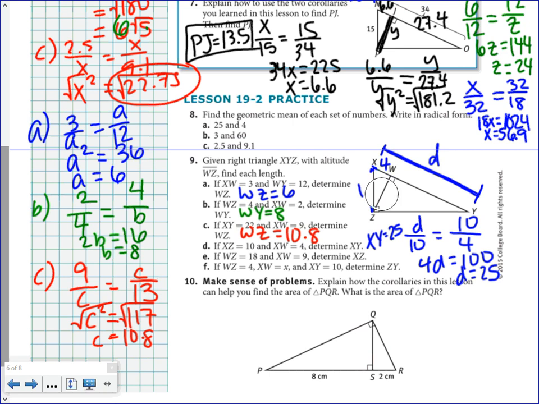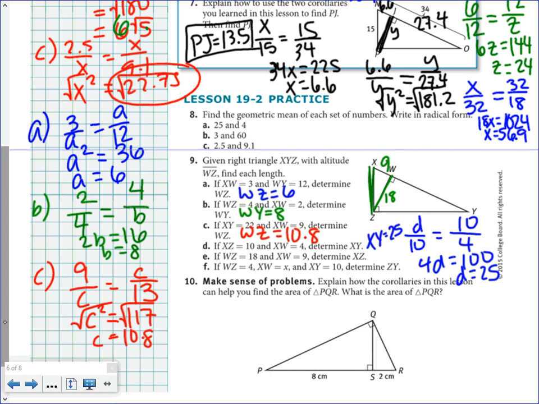Looking at part E, WZ is 18, XW is 9, and we are looking for XZ.